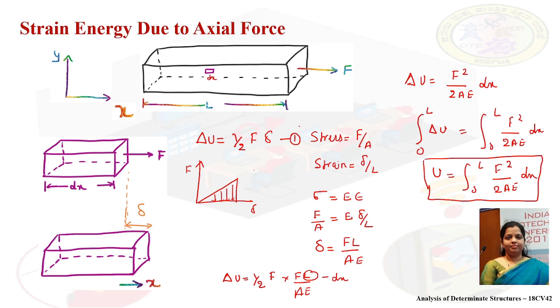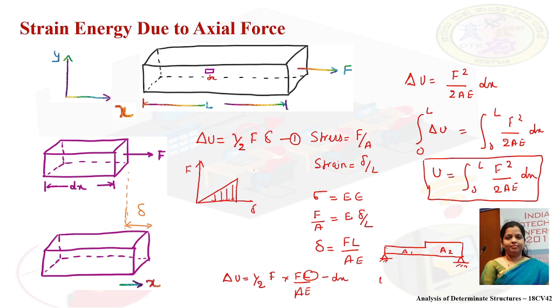For example, if the beam area is changing, that is, half of the length of the beam has one area and the other half has another area, let me call these area 1 and area 2. Then we can apply integration in parts to compute the strain energy.